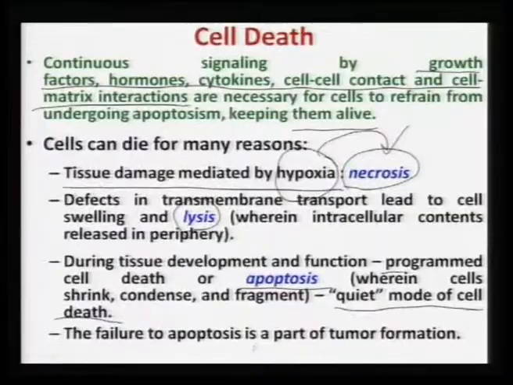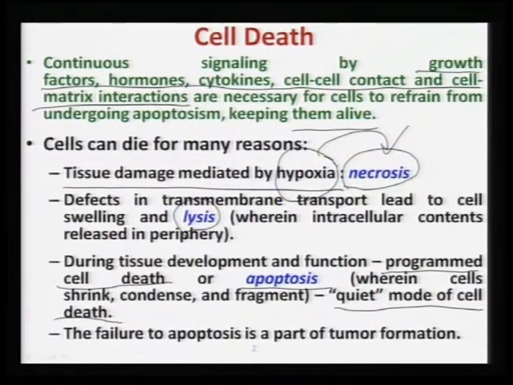That means the person had a very silent heart attack. So, you can consider that apoptosis is also a very quiet or silent mode of cell death, and this apoptosis takes place in a very programmed manner. It is not in an irrational or illogical manner that apoptosis takes place.